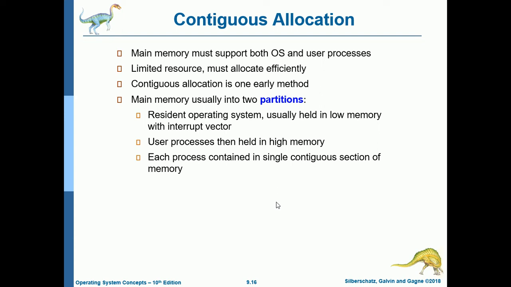Main memory is usually divided into two partitions. We have the resident operating system, usually held in low memory with the interrupt vector. The user processes are then held in high memory. Each process is contained in a single contiguous section of memory. Contiguous means they are in one place, adjacent to each other. That is what is meant by contiguous allocation.